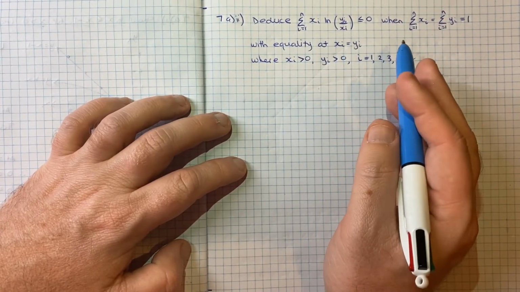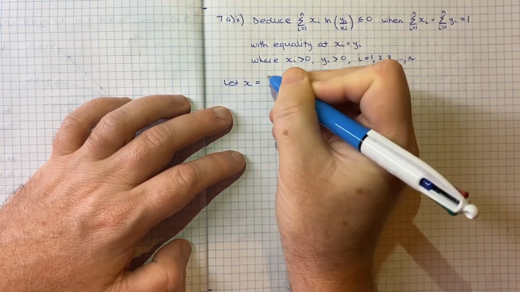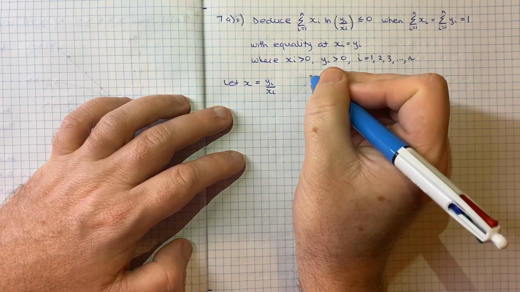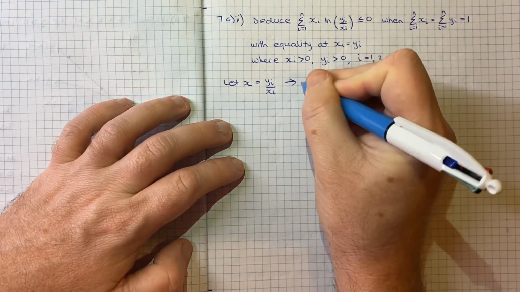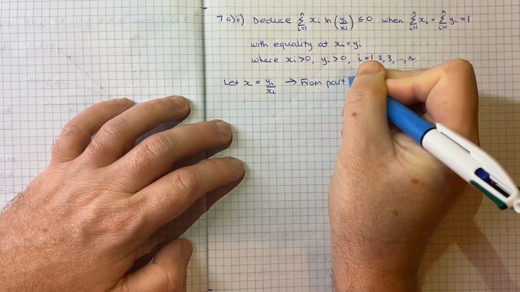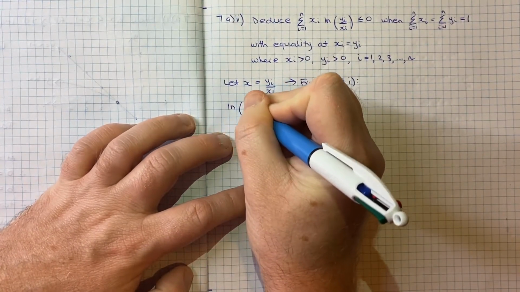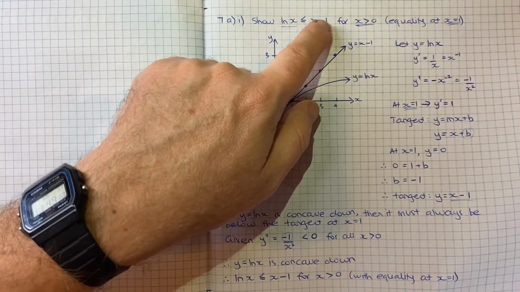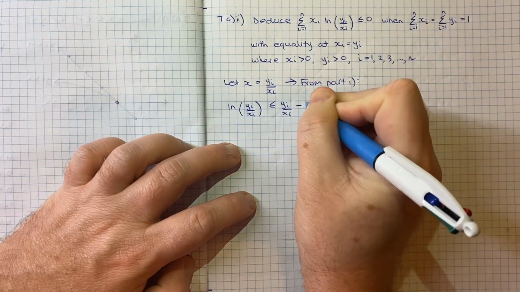But I actually think if we let x be defined as yi on xi, then basically from part 1, it would be the case that the log of x, or in our case the log of yi on xi, would be less than or equal to x minus 1, or in our case less than or equal to yi on xi minus 1.